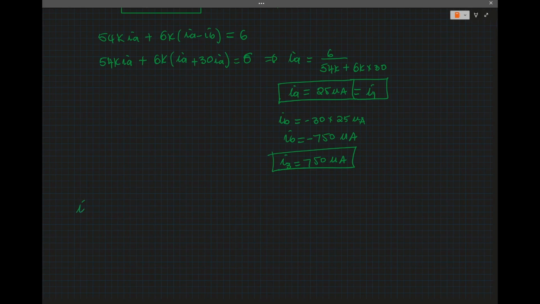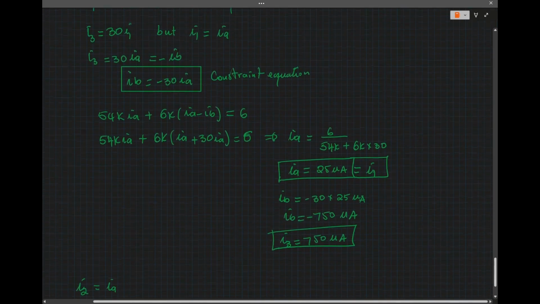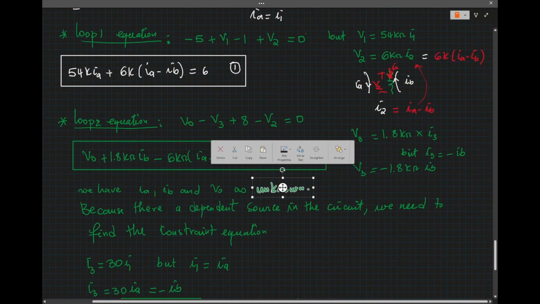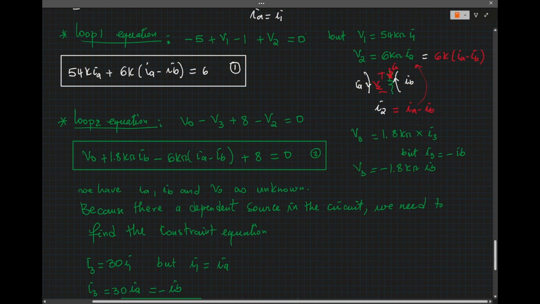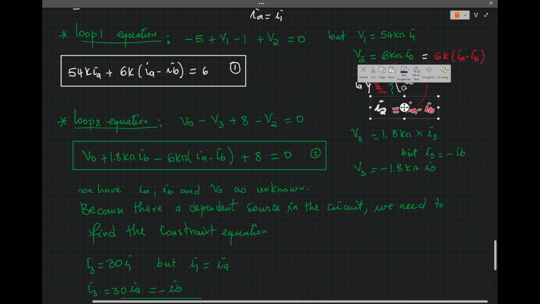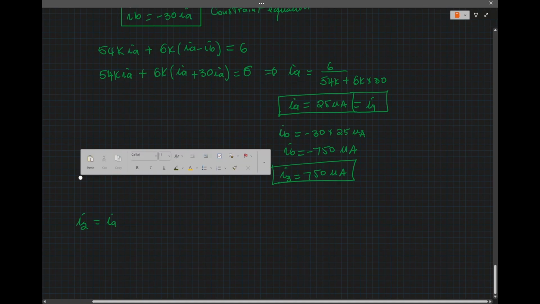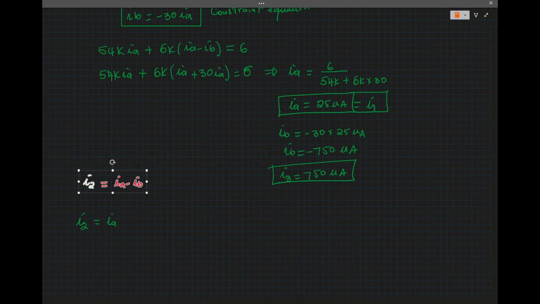We know that I2 equals IA minus IB. We had it over here, I2 equals IA minus IB.